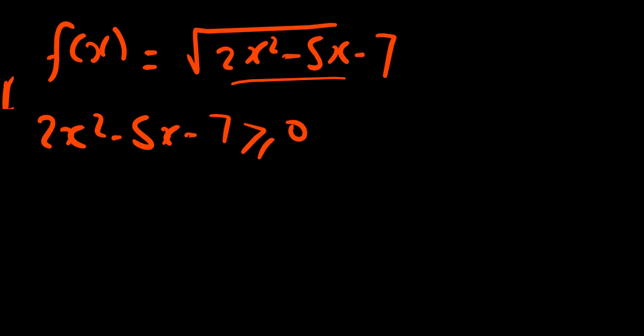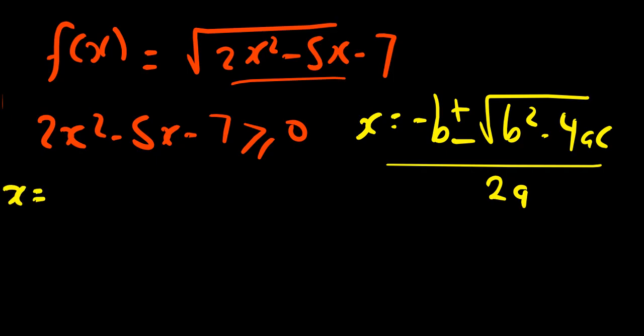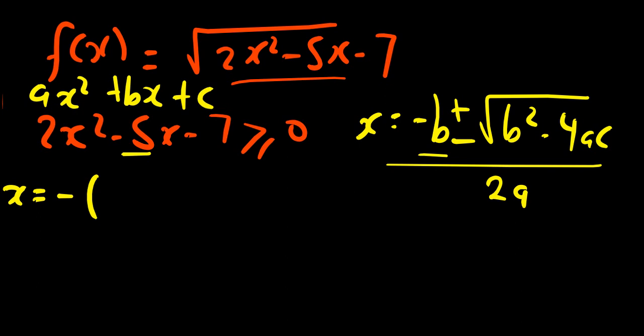So how do we solve a quadratic expression? Just to remind you, x equals negative b plus or minus the square root of b squared minus 4ac, the whole expression over 2a. So let's solve. Negative b in this case, we remember the expression ax squared plus bx plus c, so b is negative 5 and negative b would be 5.